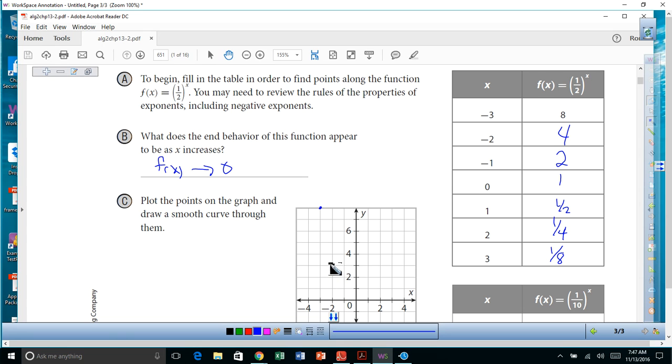Negative 2 is 4. Negative 1 is 2. And 0 is 1. And 1 is 1/2, 1/4, and 1/8. This looks something like this.